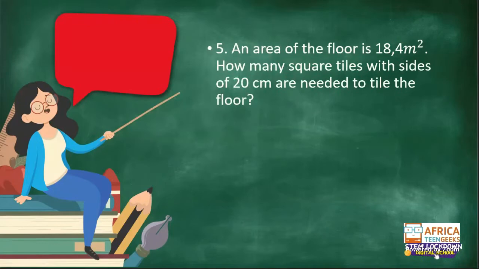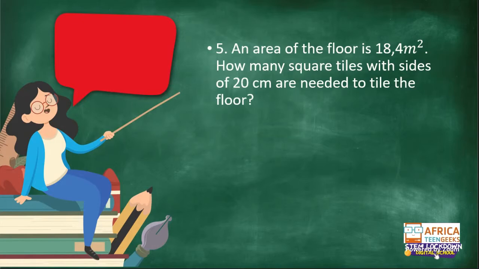So now if you want to buy your tiles, with sides of 20 centimeters each, how many tiles are you going to buy? Those square tiles. If the side of one tile is 20 centimeters, remember it's a square tile. So meaning that the side is 20 centimeters.